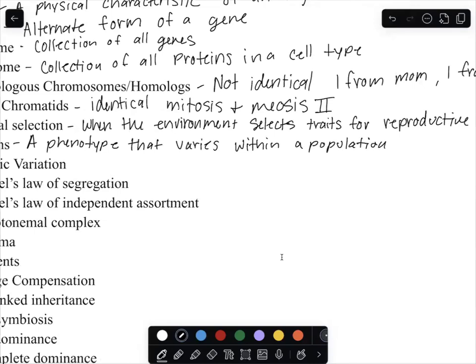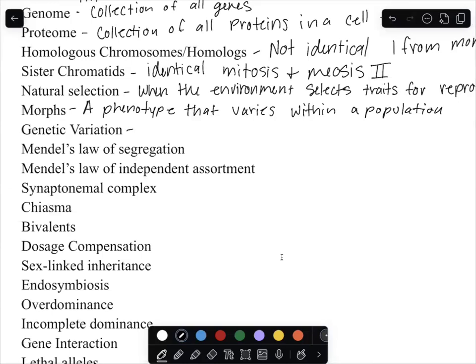So this would be, I don't know if y'all got this example in class, but it would be like frogs and they're the same species, but they look really, really different. Genetic variation is the genetic differences among a species based on the changes in the DNA.